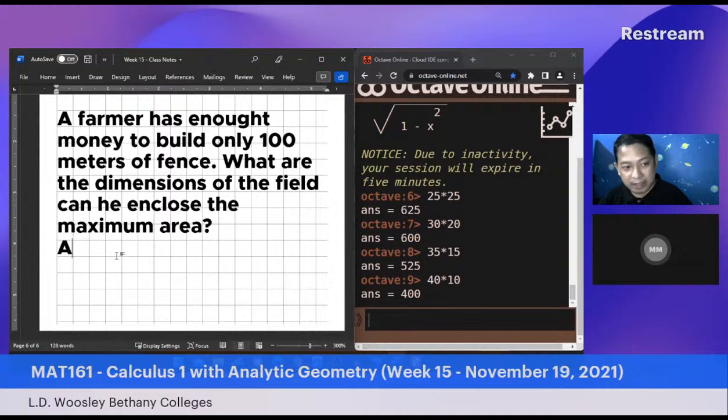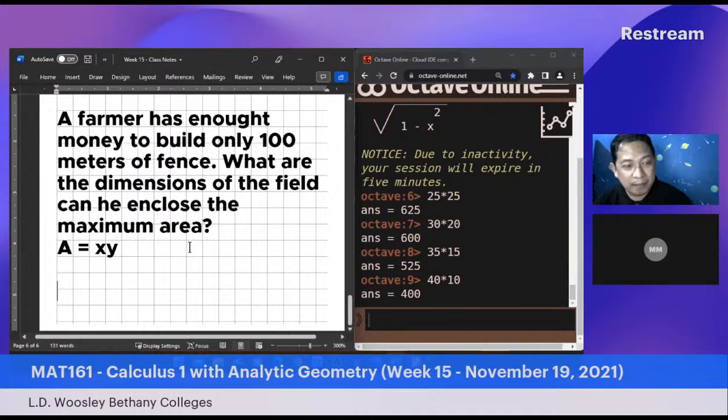Area. Area, yes. And of course, we could make use of the area, xy, no? So, area is equal to xy. But paano natin siya makukuha? Saan natin siya kukunin? So, meron kang 100, di ba?